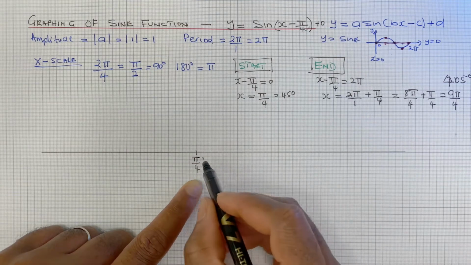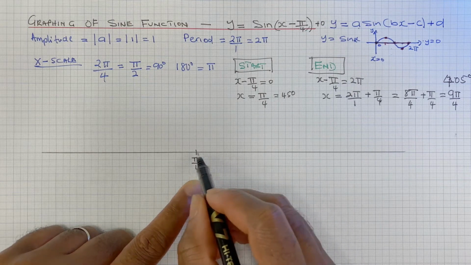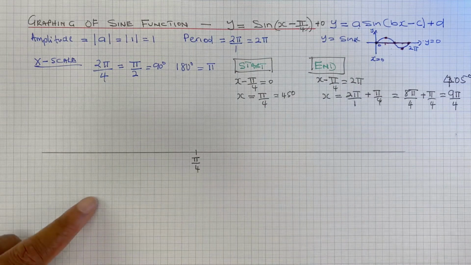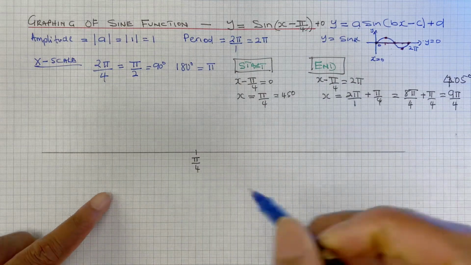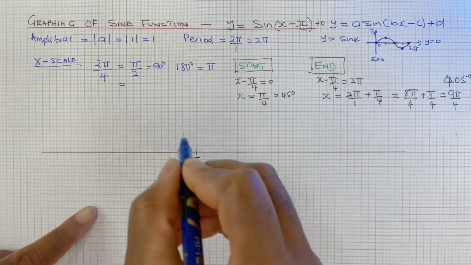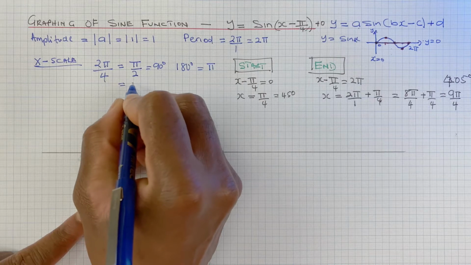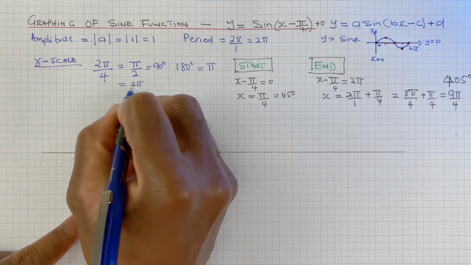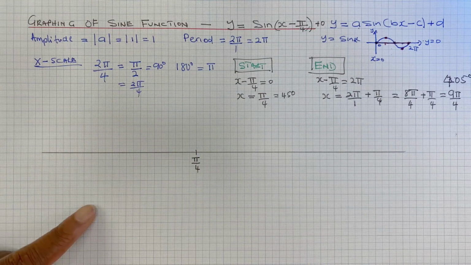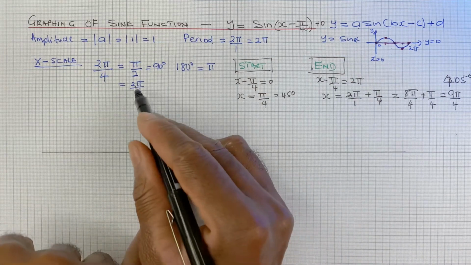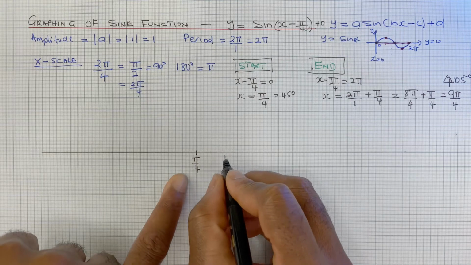So let's make these 90 two big squares here. 90 is pi over 2. I could make 90 look like over 4, because if I multiply both top and denominator by 2, I get 2 pi over 4. So that makes the adding up nicely. To add another 2 pi over 4, that will be 3 pi over 4.